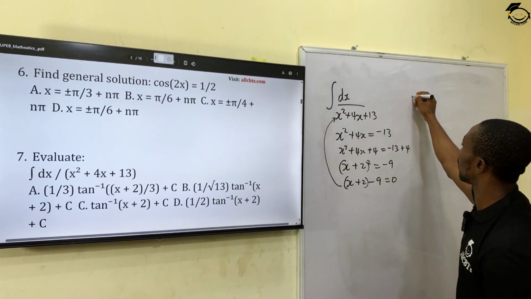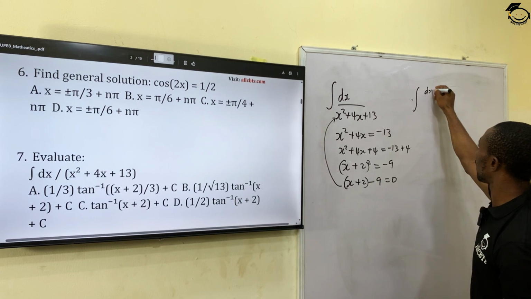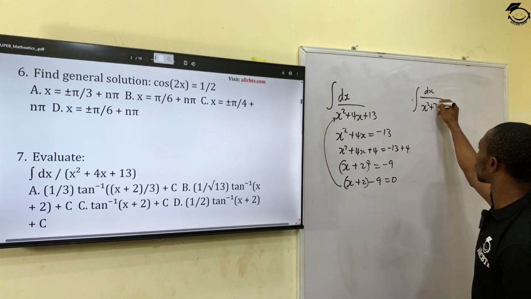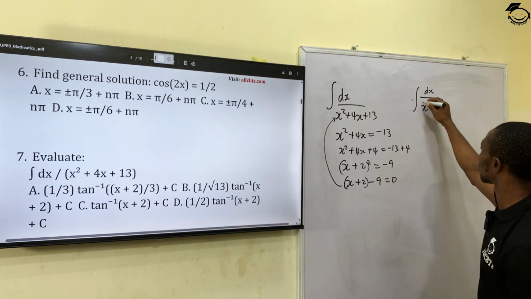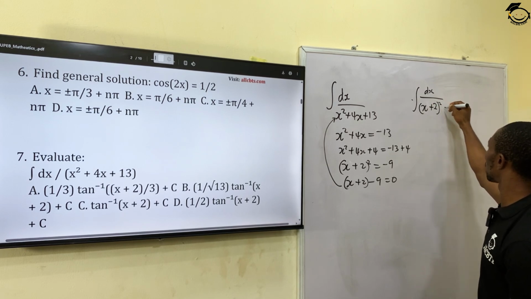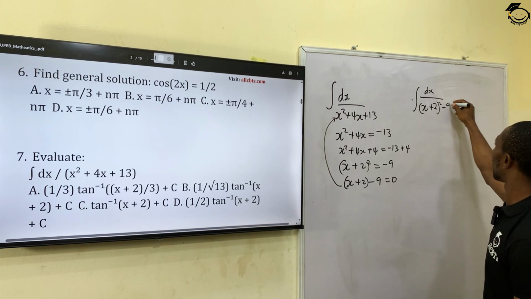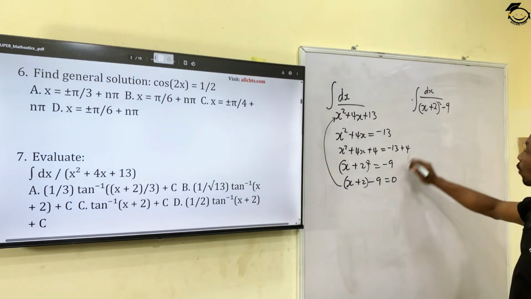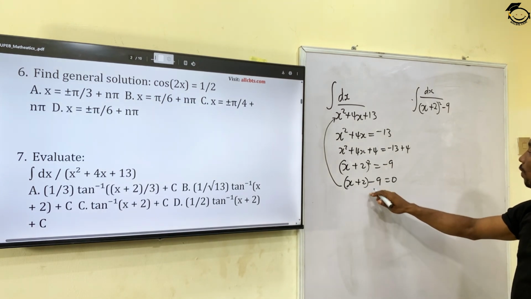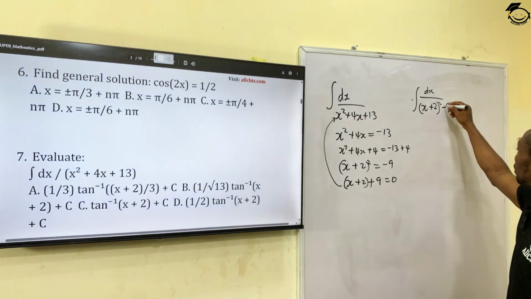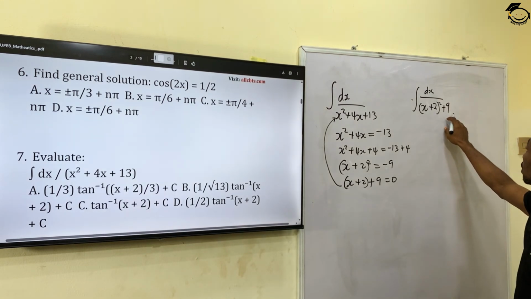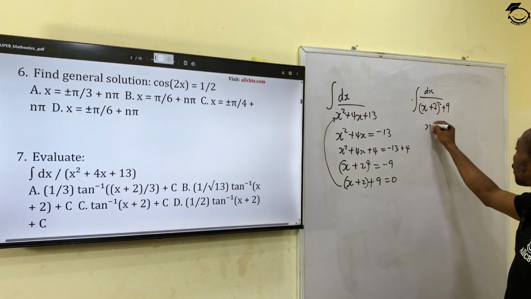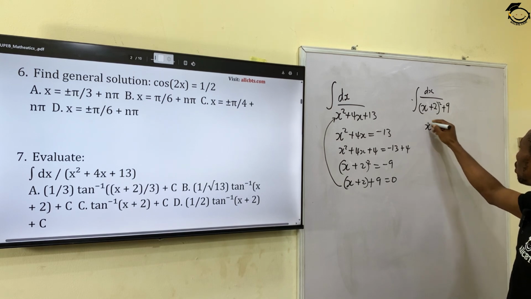So we are going to have the integral of dx all over x plus 2 all squared minus 9. From here, our minus 9 going over should be plus, not minus. So this becomes this.